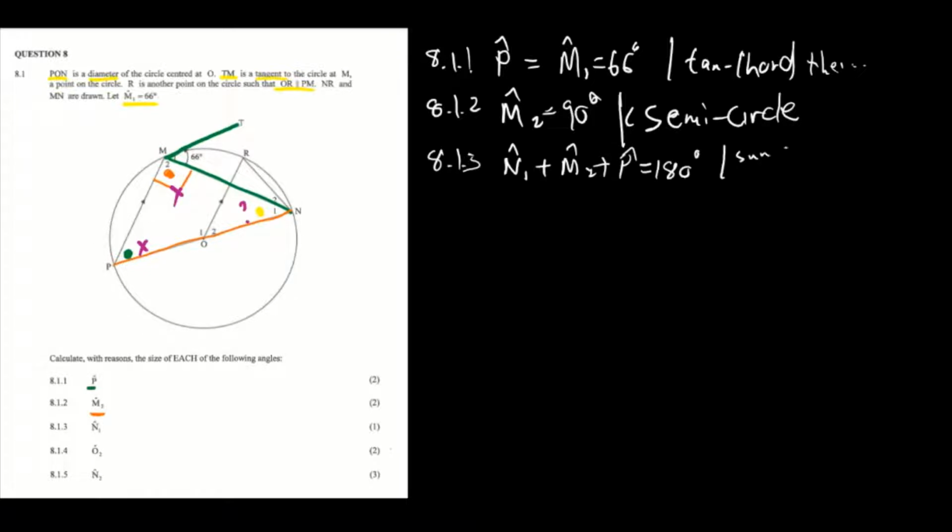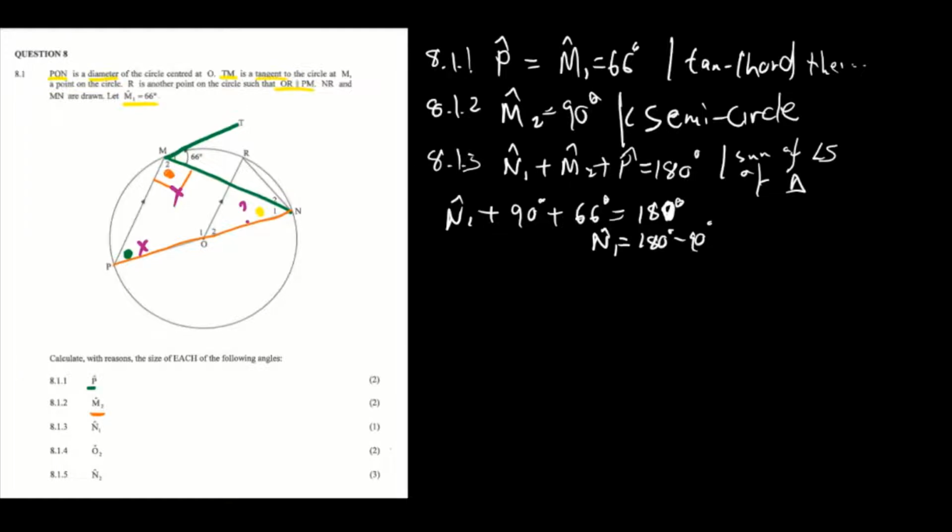We don't know angle N1, but we know M2, which is 90 degrees, and P, which is 66 degrees, which we calculated previously. Then angle N1 is equal to 180 degrees minus 90 degrees minus 66 degrees. Therefore, N1 is 24 degrees. So this is the answer for N1.